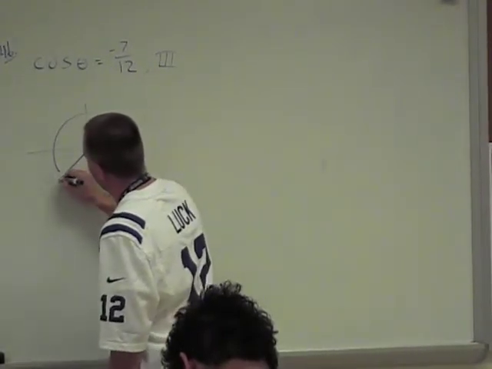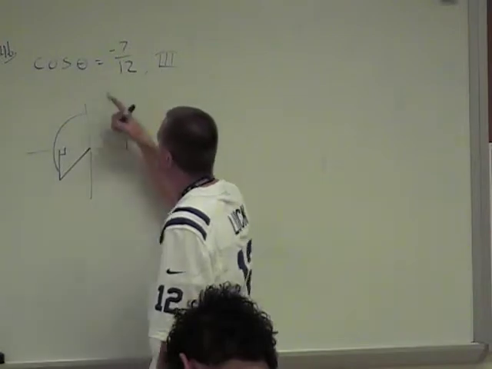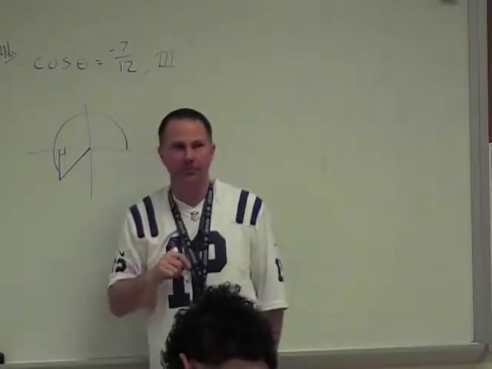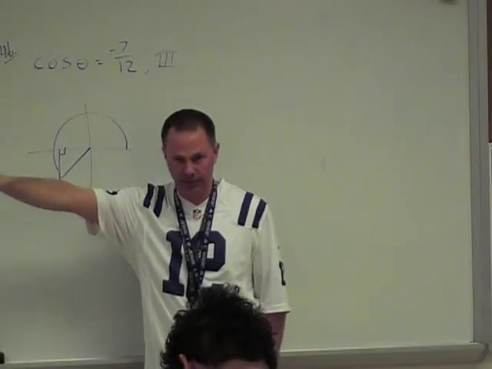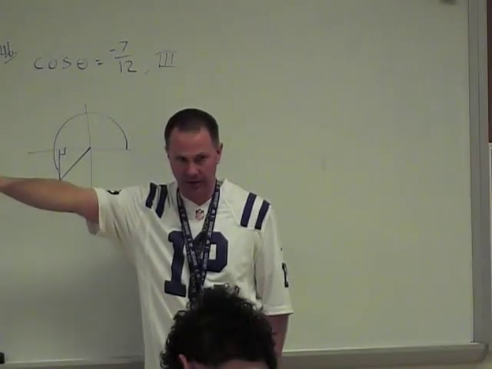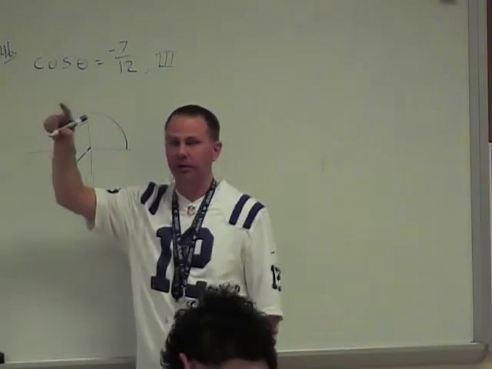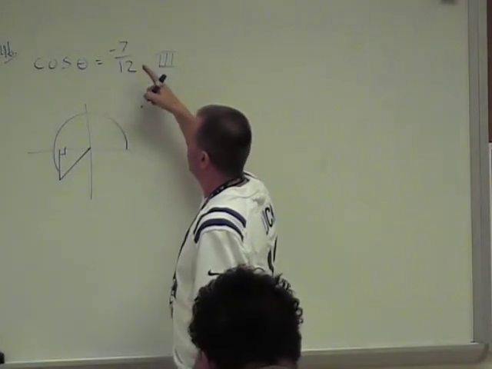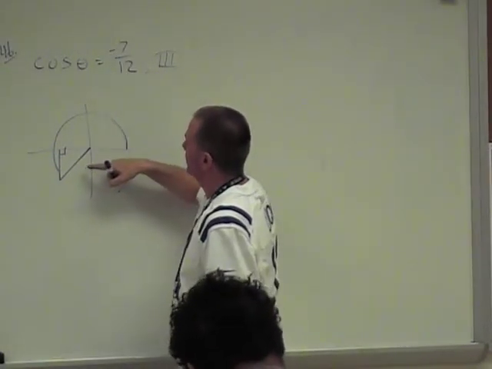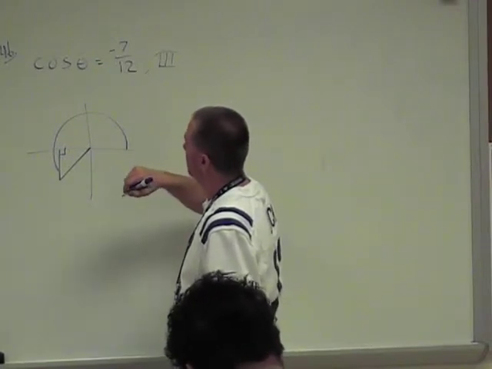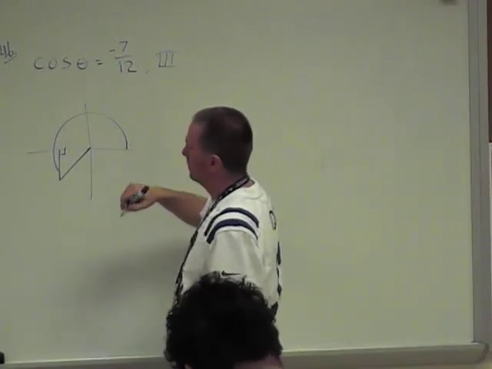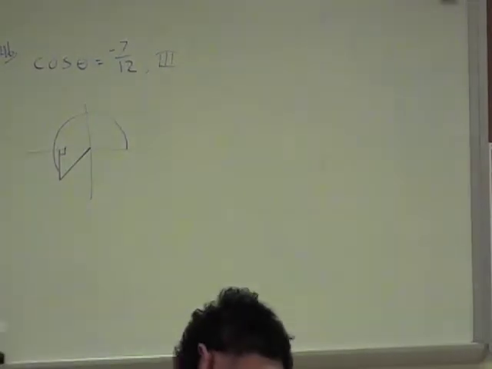So I have a right triangle that's formed. What do we know about cosine? Which is x over r. Which one? That right?